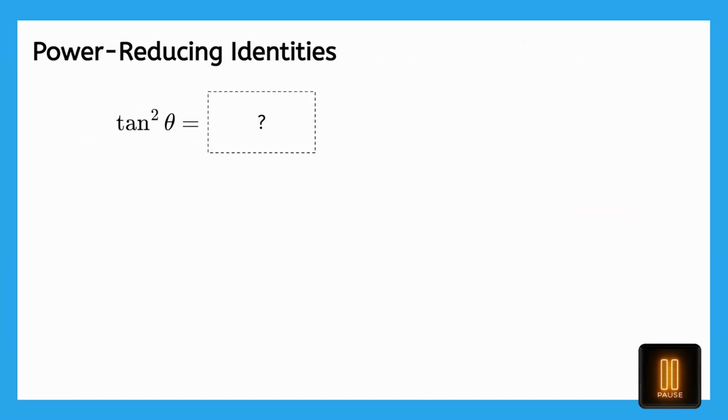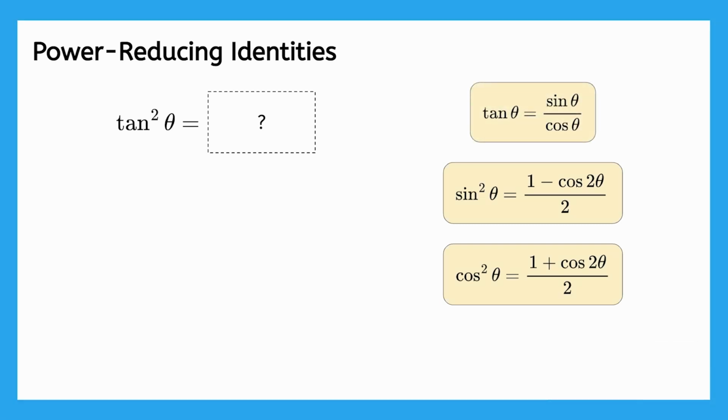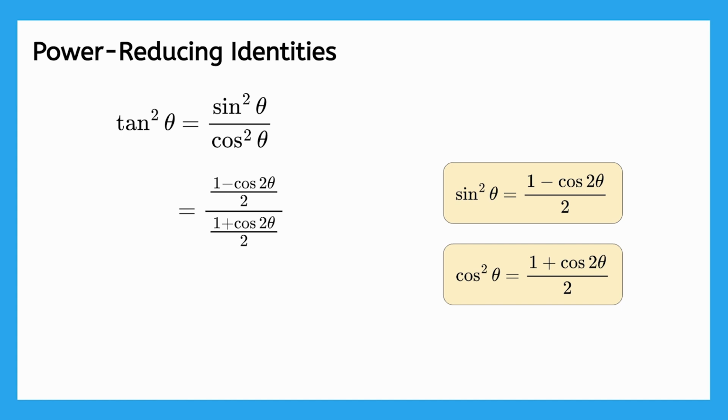Now take a moment to derive the power-reducing identity for tangent using the power-reducing identities we just discovered. Using a quotient identity, we can rewrite tangent squared theta as sine squared theta over cosine squared theta. Then we can substitute using the power-reducing identities for sine squared and cosine squared.